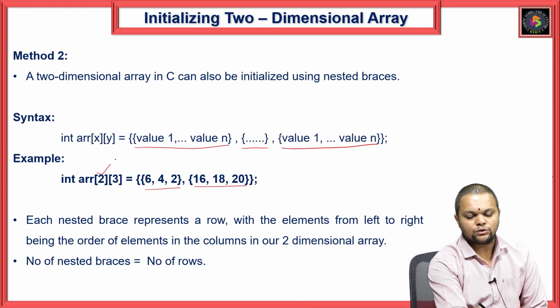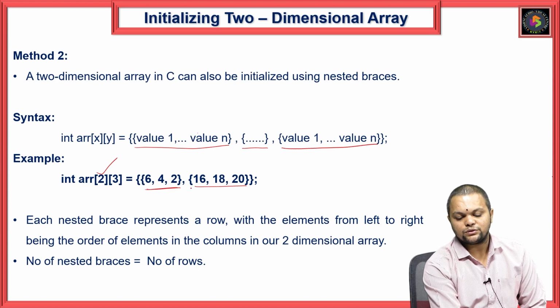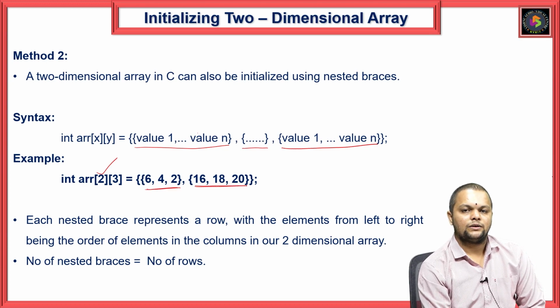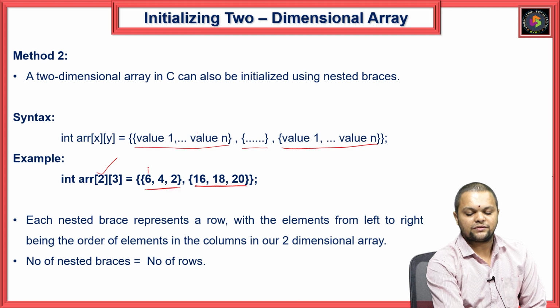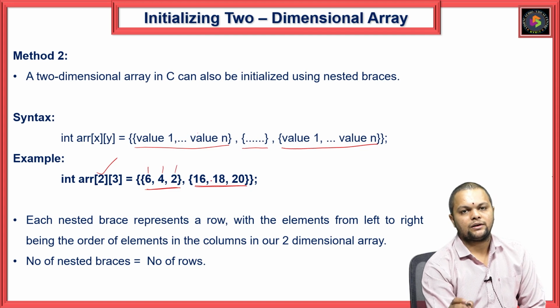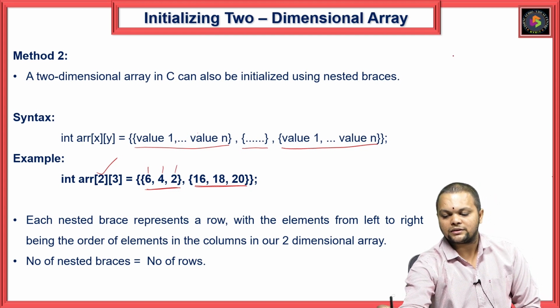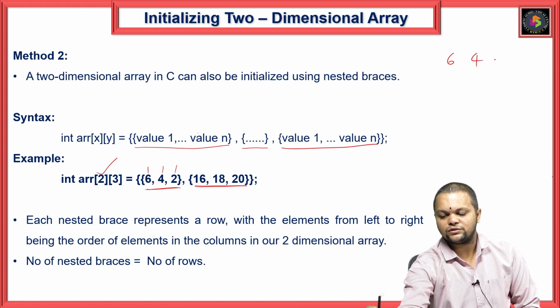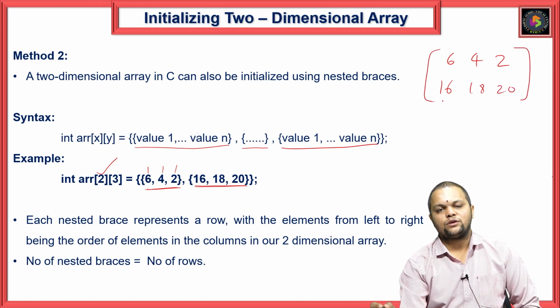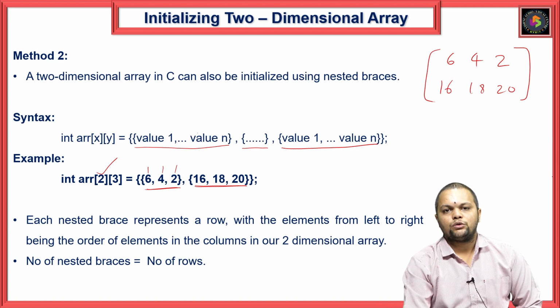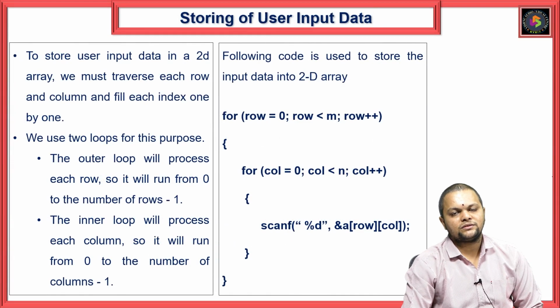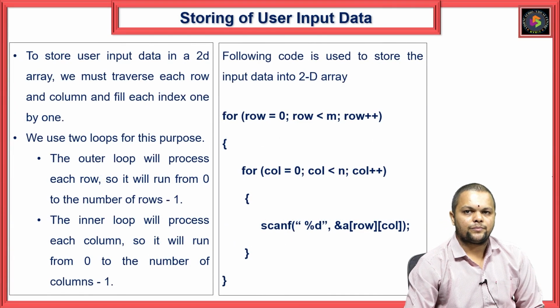Here we have taken only 2 rows, that means this is the first row and this is the second row. In the first row, this is the first element, second element, third element, like this. So this can be represented like this: 6, 4, 2, 16, 18 and 20. This is how you represent that particular two-dimensional array. These are the two ways of representing it; the previous one is that way, and this is the second way.